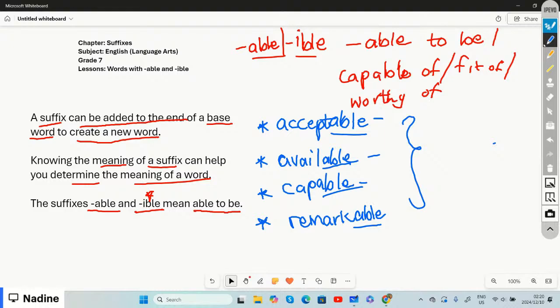So these are a few words where we use the word able. Remember, we said we use the word able, which still means able to be. And then the word able is more of an olden form of the word that is still being used in modern language.